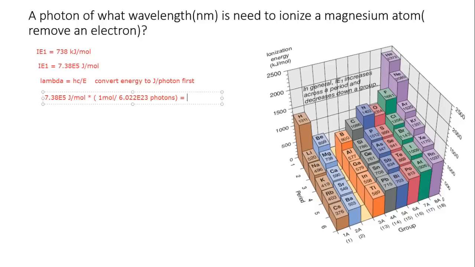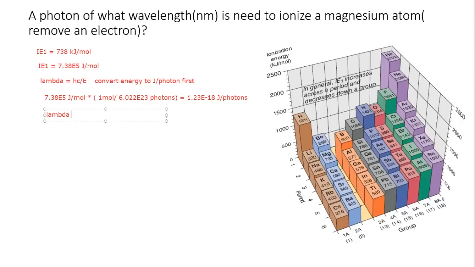This would be 1.23 e to the negative 18 joule per photon. Now that we have joules, we can find lambda.